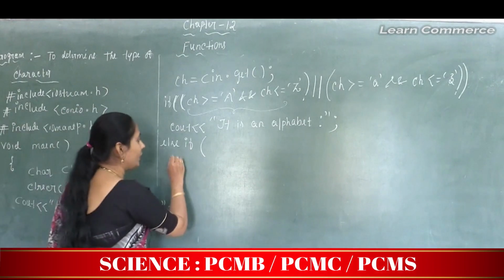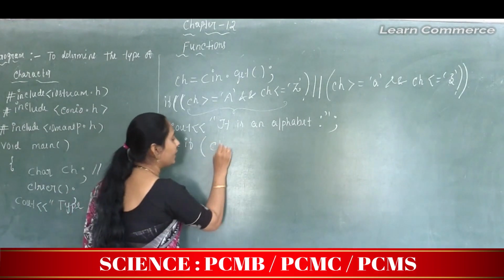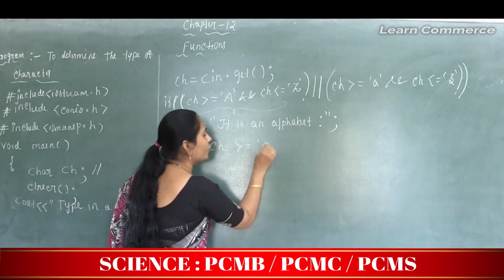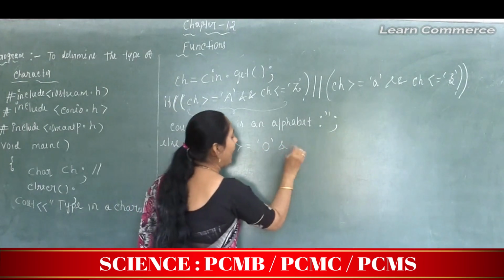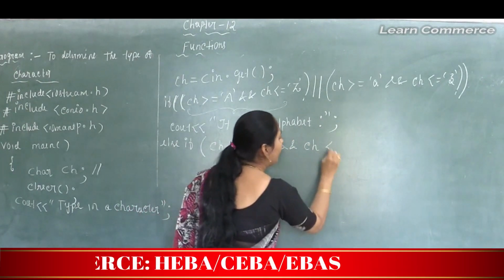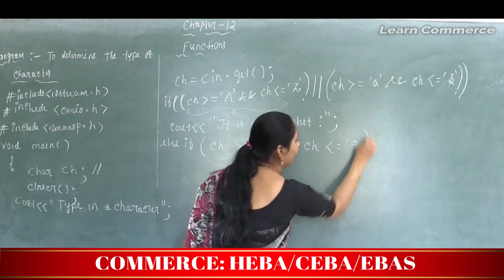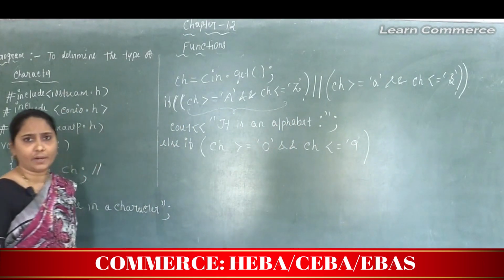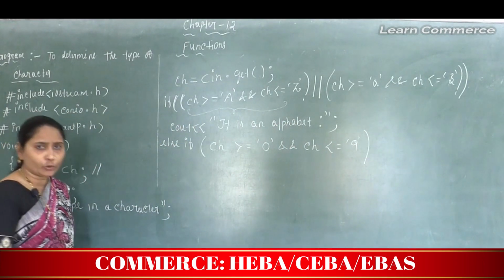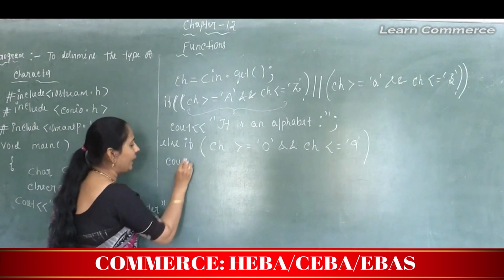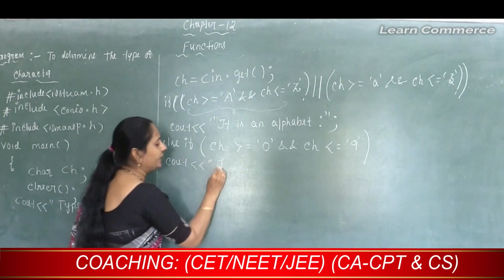So just else if the ch greater than or equal to '0', and ch less than or equal to '9'. That means if you are inputting any number through the keyboard into the program, then display cout it is a digit.